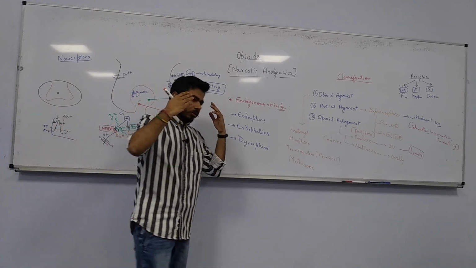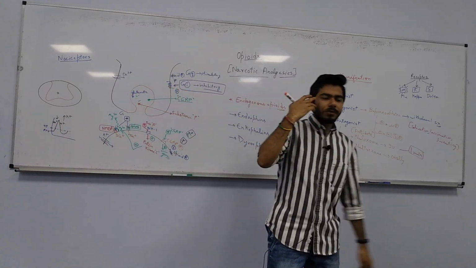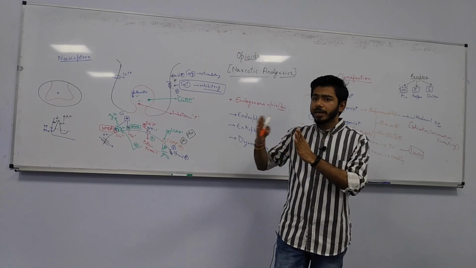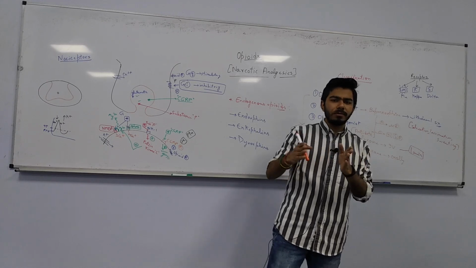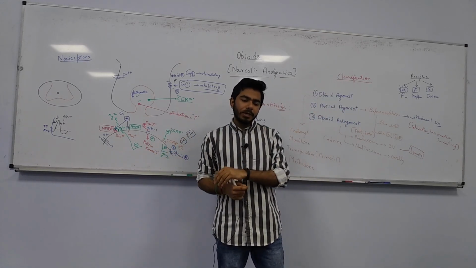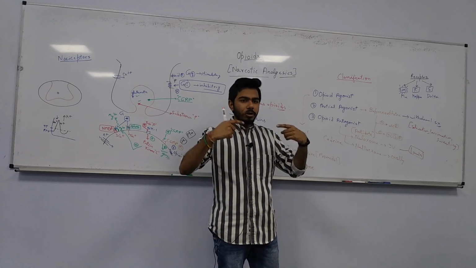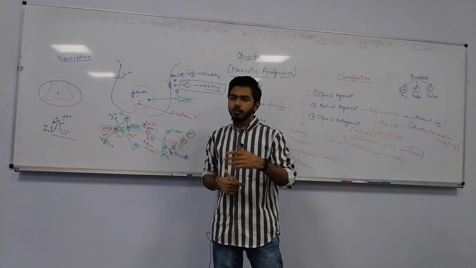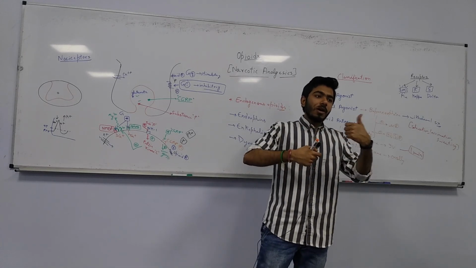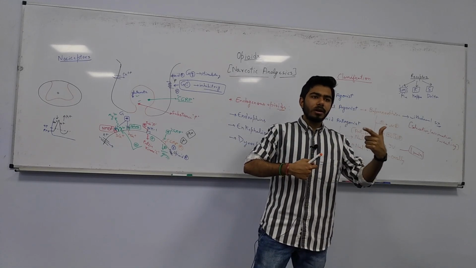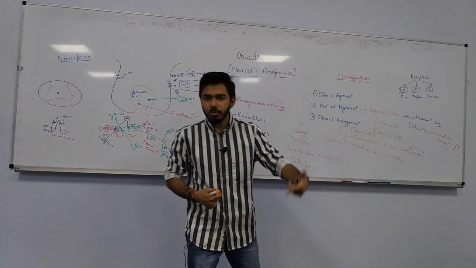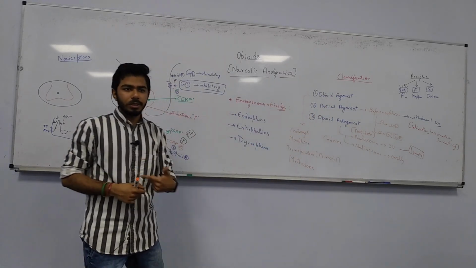Starting from the head, the CNS gives you the analgesic effect, meaning a pain-relieving effect. Then it can give you the feeling of euphoria and dysphoria. Euphoria is a happiness kind of feeling, and because of it the patient becomes addicted and wants to take more and more opioid drugs.